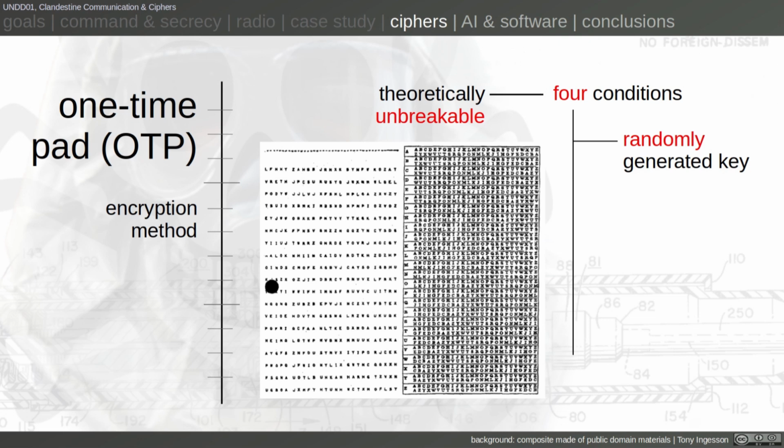Instead, a computer will typically generate something known as a pseudo-random key, or a pseudo-random sequence. So this limits the security of the one-time pad to some extent, but if it has a high level of randomness, which a computer should be able to generate, then you will still have a very secure type of encryption. The other condition here is that the key has to have the same length as the message.